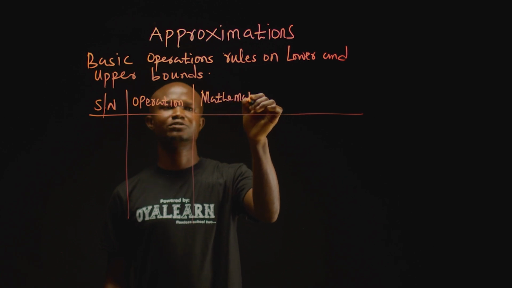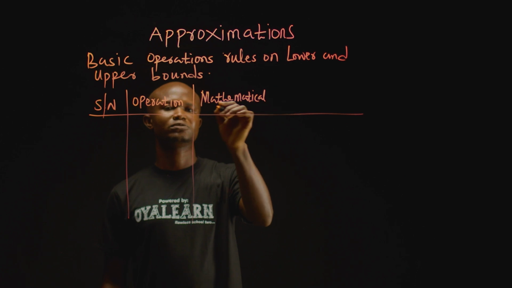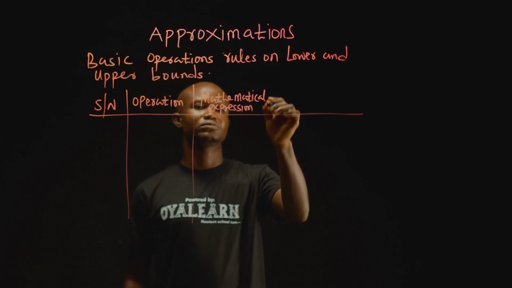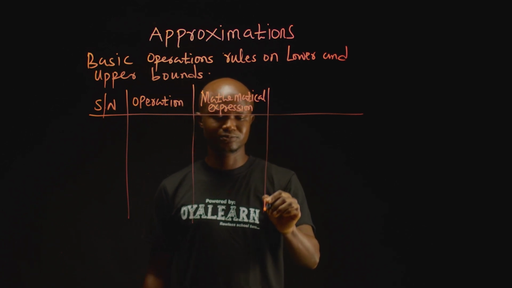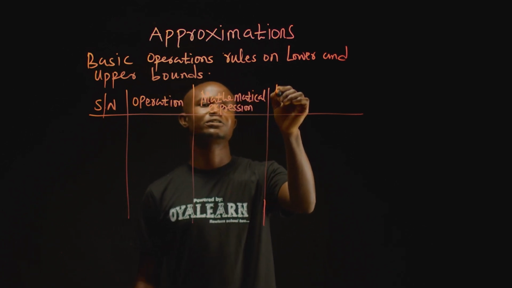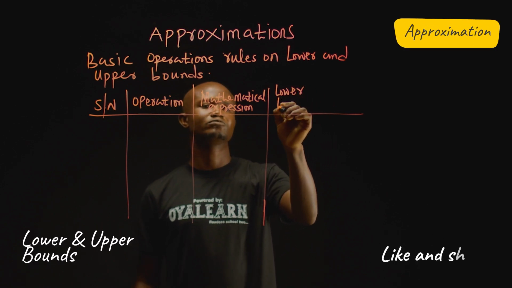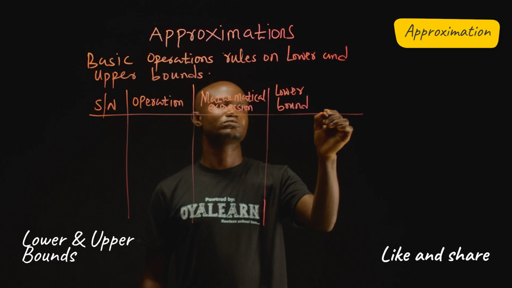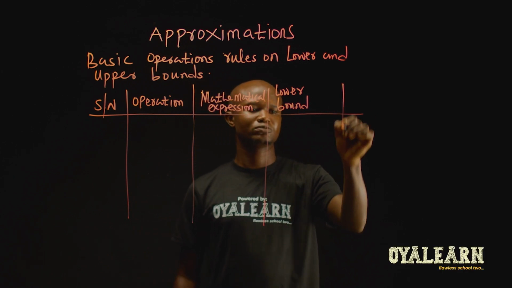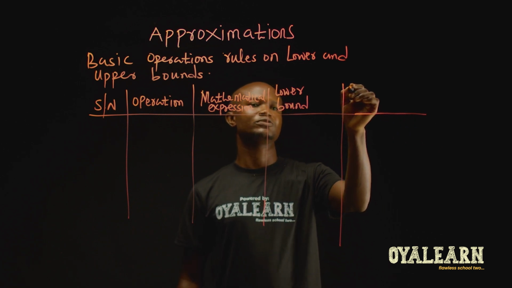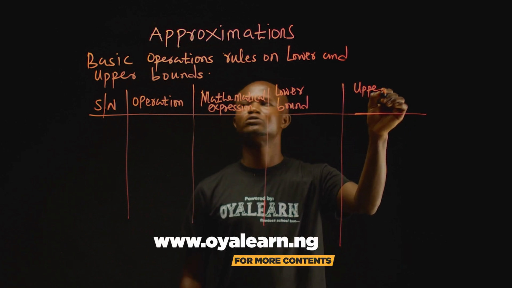The next column, we have the lower band. Then the last column, upper band.